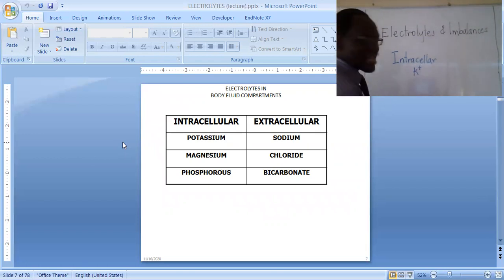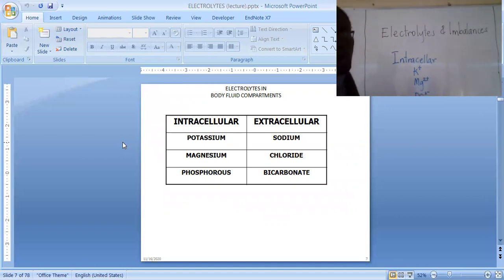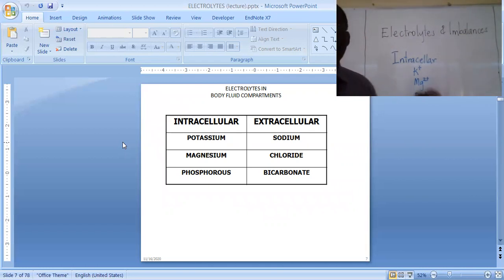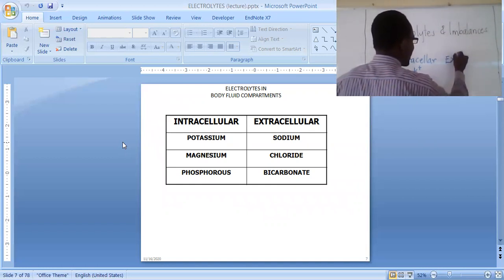We have ions like magnesium, and we have things like phosphate, yeah. Now, those are found within the cell, or they are referred to as intracellular, yeah. Now, we have extracellular ions, yeah, extracellular.